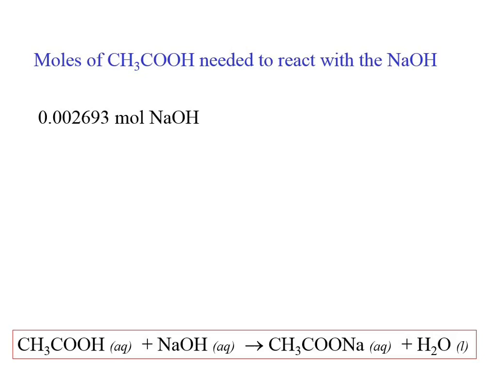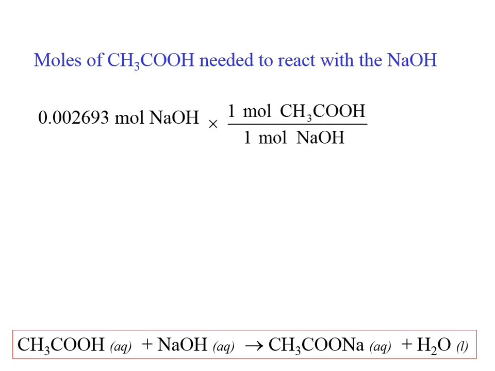So we're going to put 1 mole of NaOH in the bottom and 1 mole of CH3COOH in the top. And you'd be like, well, do I even have to show this step? And you know the answer to that. So units, we're left with moles of CH3COOH. Of course it's the same number, so that's equal to 0.002693 moles CH3COOH.